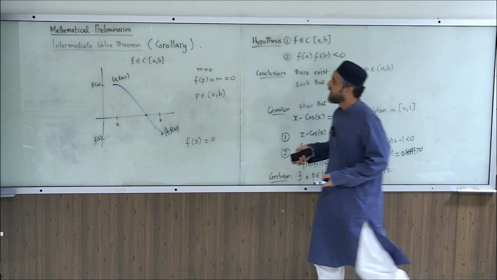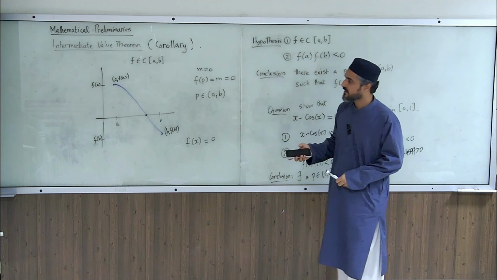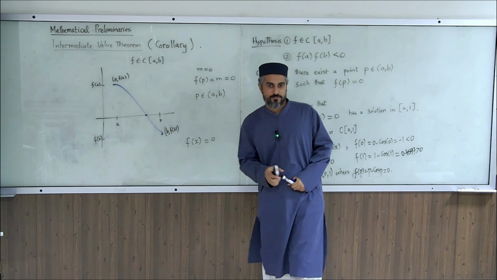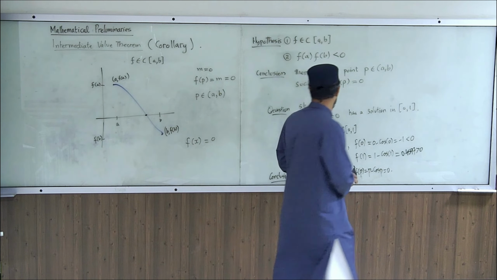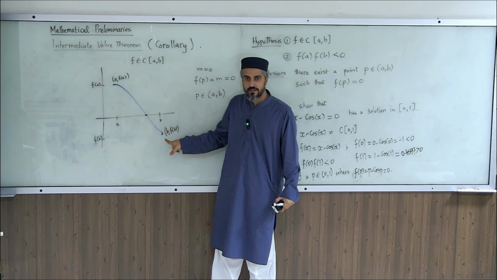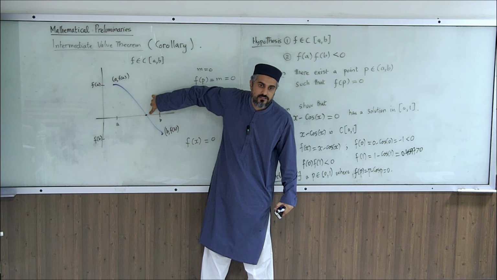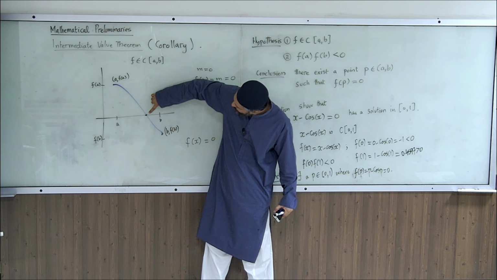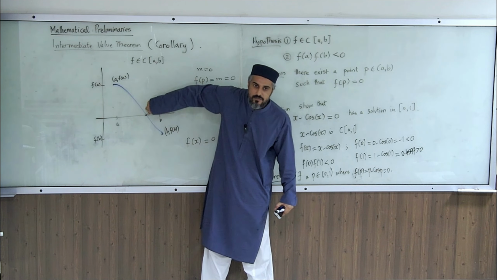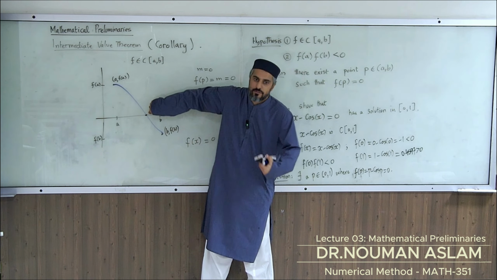Okay, so now let's try to explore this a bit more. If one endpoint is positive and the other is negative, the function will be crossing the x-axis. This is the point P where f of p is 0.